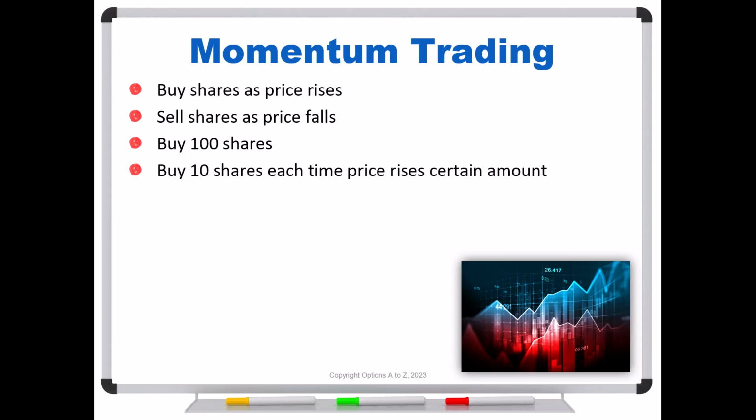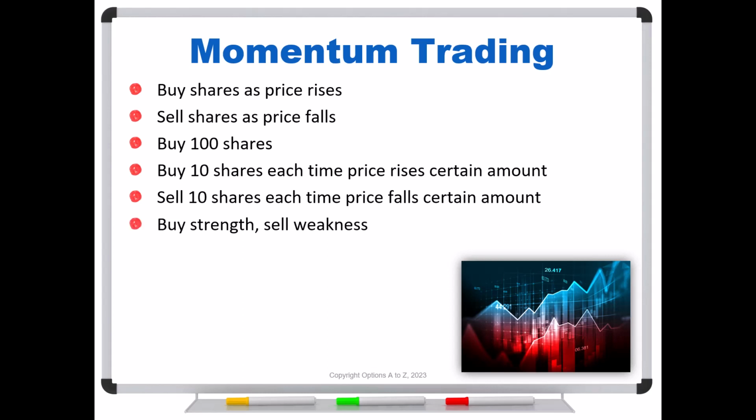Conversely, if the stock price falls, you'll do the opposite. Maybe you'll sell 10 shares each time the price falls a certain percentage or a certain dollar amount. The idea is pretty straightforward. You are going to buy on strength and sell on weakness. This is just a standard trend following type of strategy, or momentum.